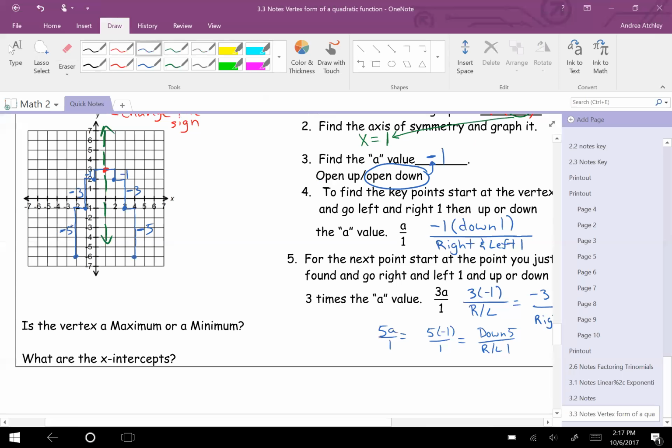Anyone know what the next step would be? 7. I'm not going to have room to put 7 on here, but it would be 7. Then 9, then 11. That is the patterned rate of change that a parabola has. So then we just connect those dots. And this is my parabola. Okay. Any questions over that?